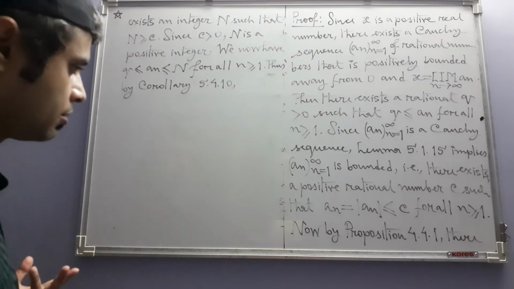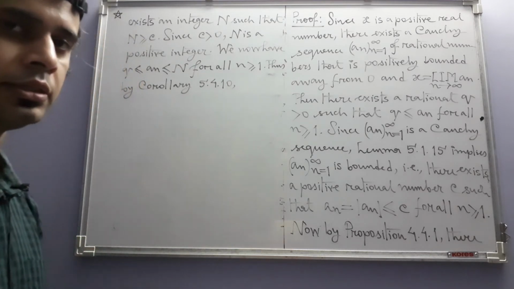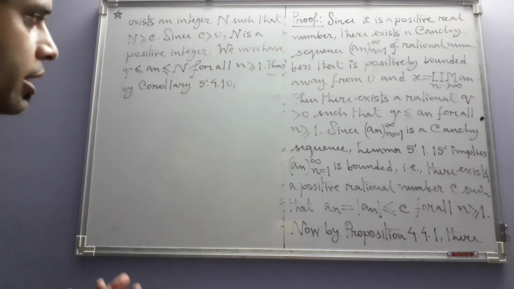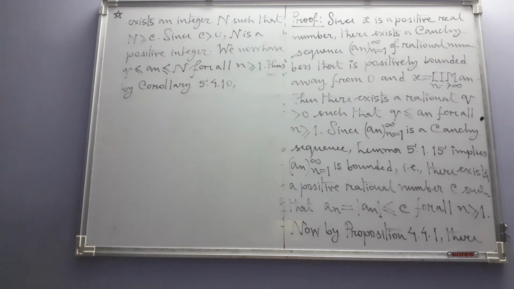N is a constant sequence of integers and hence rational numbers, so that is also a Cauchy sequence of rational numbers. So we can take formal limits of these sequences and they will maintain the same inequality.